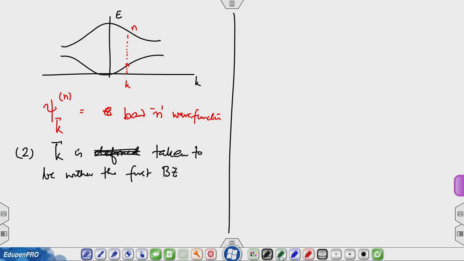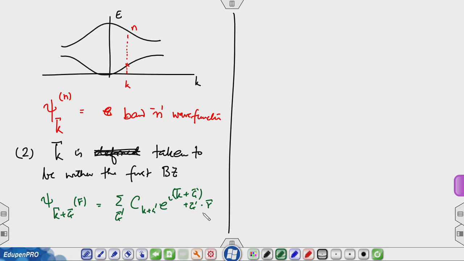Because if I take psi_{k plus G}(r) for any n, it will be equal to summation again over G of C_{k plus G} e raised to i (k plus G plus some other G, let us call it G prime) dot r.